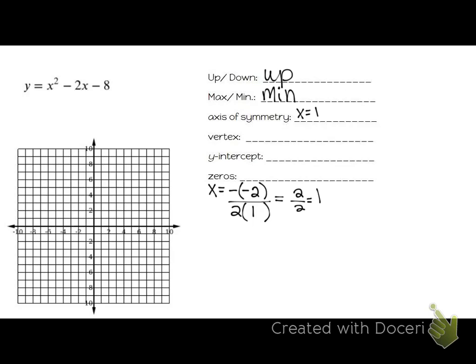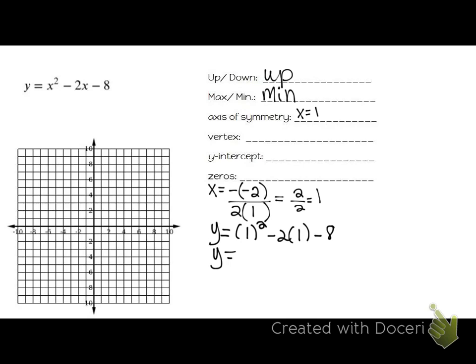Now, with the axis, we're ready to find the vertex. So we're just going to substitute in there. We're going to have y equals, and then for x, I'm going to substitute 1. All right, what's 1 squared? When I simplify this first step through, what am I going to get? Logan, can you tell me what we get?